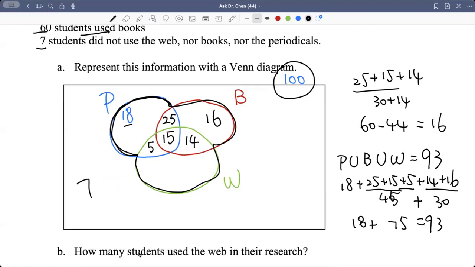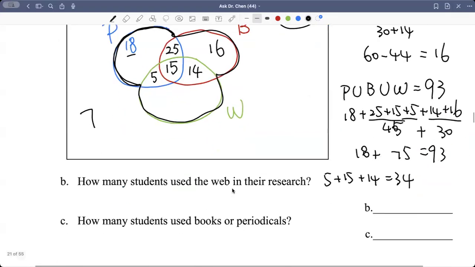If the question is asking how many students only use the web, none, 0. But how many students use the web? Right here, 5 plus 15 plus 14. That's 5 plus 15, which is 20, plus 14, which is 34. So 34 students used the web in the research.